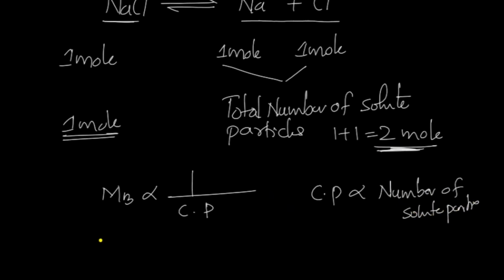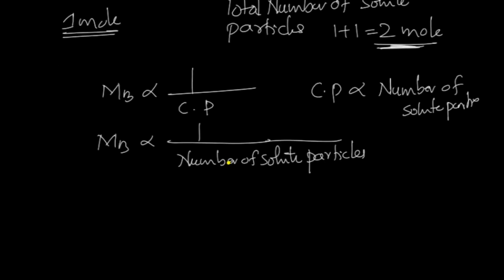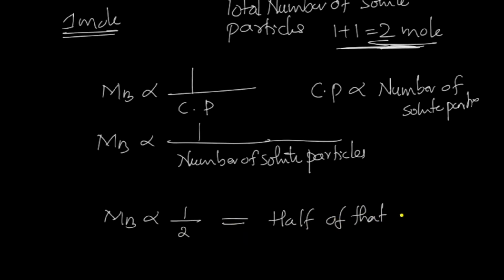Therefore, MB is inversely proportional to the number of solute particles. For sodium chloride the number of solute particles is 2. So MB is inversely proportional to 2, meaning the molecular mass we calculate from the osmotic pressure is exactly half of the theoretical value.